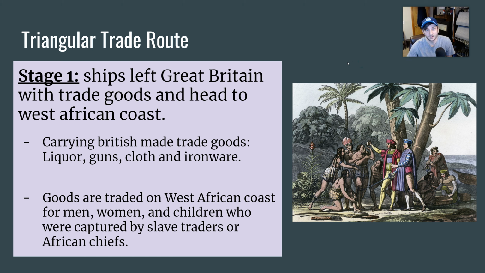These are African leaders that are either capturing prisoners of war because there's hundreds of tribal conflicts going on in Africa. It's a very divided continent. And so many of these peoples, the African chiefs and kings, justified these captures and sales because they did not have a connection to these peoples.